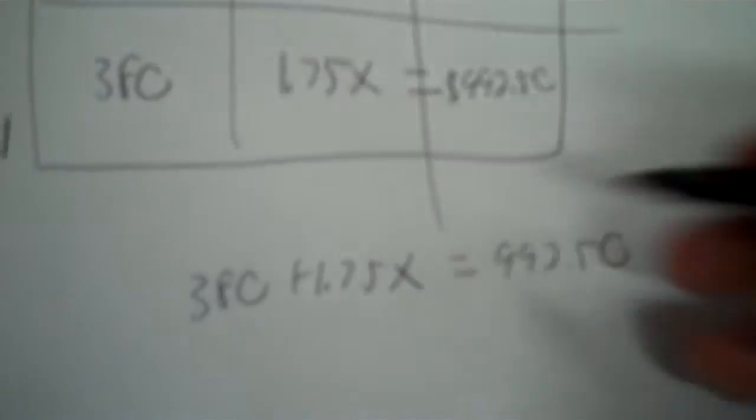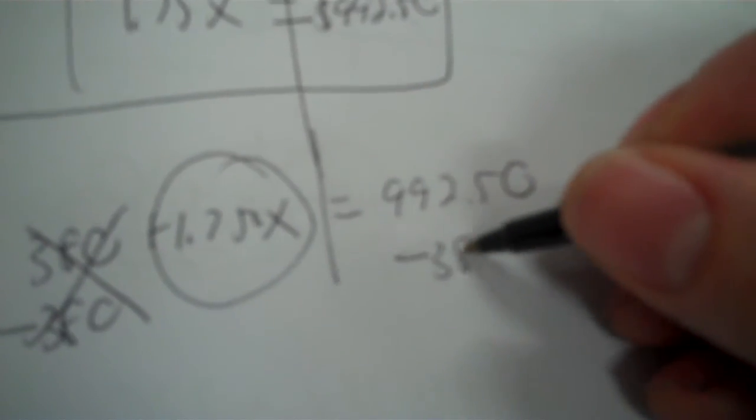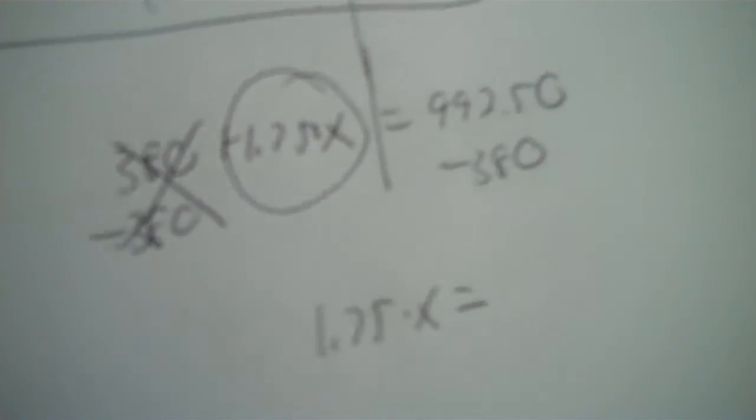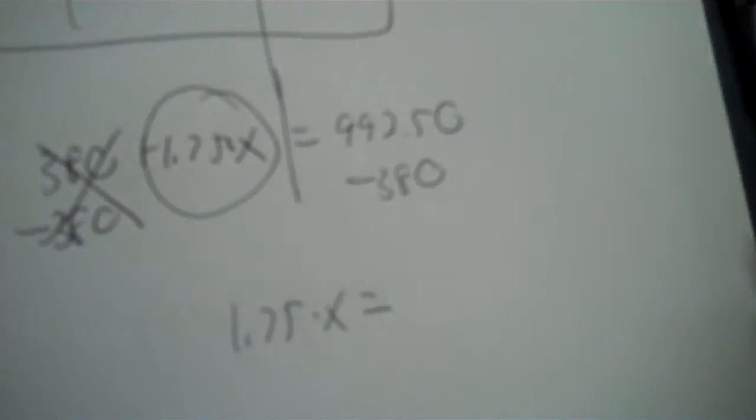So 380 plus 1.75X equals $992.50. So you got plus and times, highlight the times, you take out your 380 with a subtraction. So 1.75 times X. Then 992.50 minus 380 is 612.5.